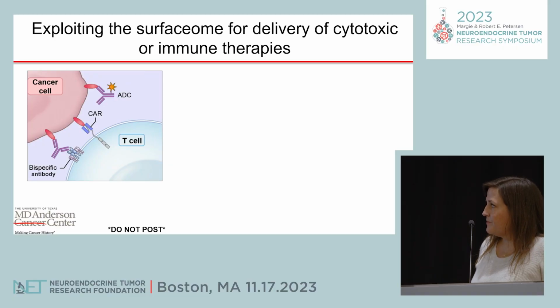So we've been interested in exploiting the surfacome as an alternative way of targeting cancer in these patients using either antibody-drug conjugates, CAR-Ts, or bispecific antibodies that recognize cell surface proteins on the cancer cell as well as T cells.